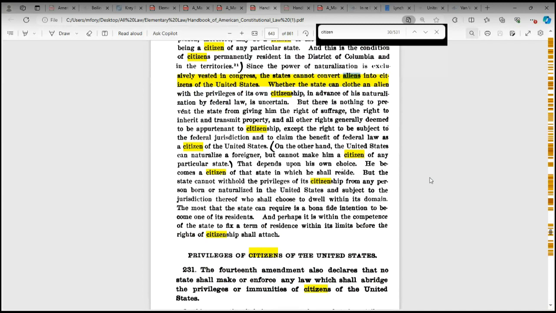He becomes a citizen of that state in which he shall reside, but the state cannot withhold the privileges of its citizenship from any person born or naturalized in the United States and subject to the jurisdiction thereof, who shall choose to dwell within its domain. The most that a state can require is a bona fide intention to become one of its residents. And perhaps it is within the competence of a state to fix the term of residence within its limits before the rights of citizenship shall attach.